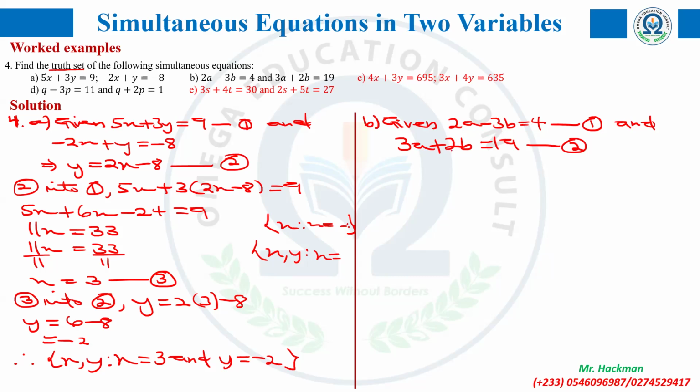Then if this must be 6, this also must be multiplied by 3. So I will go and write equation 1, okay, times what? 2, comma, then it means each term times 2. So that will give me 4a, okay, minus 6b, okay, is equal to what? 8. Okay, so that becomes my equation 1a.